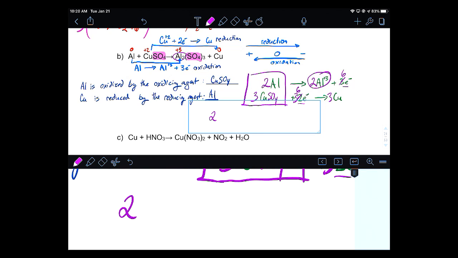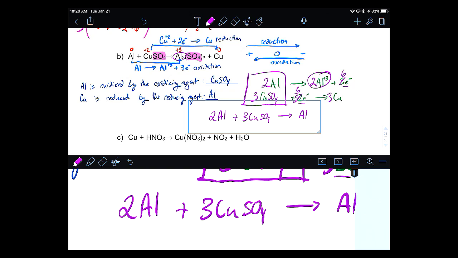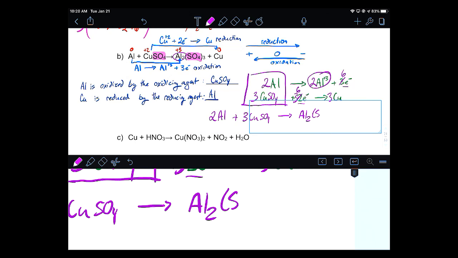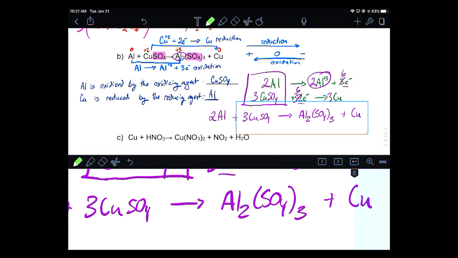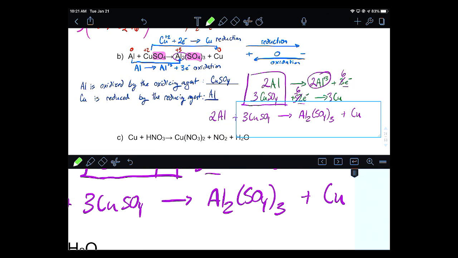So I'm going to put that in my equation: 2 aluminums plus 3 CuSO4, and that has to produce Al2(SO4)3 plus copper. And then I will balance my products now based on the numbers I have.